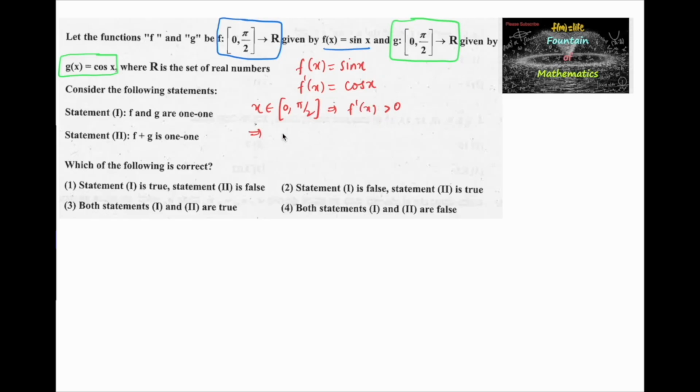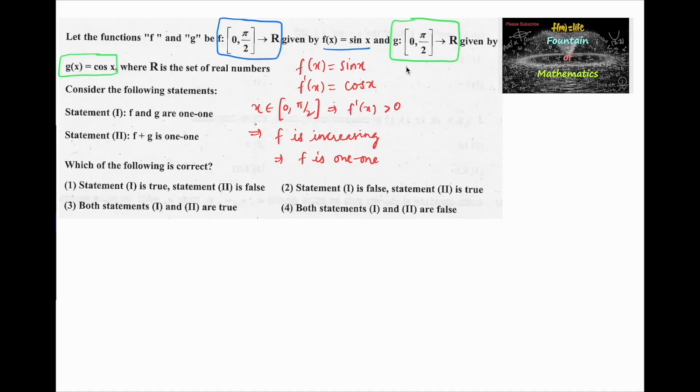So we can say that the function f is increasing. And we know that when a function is strictly increasing or decreasing, that function is one-to-one. So f is one-to-one.